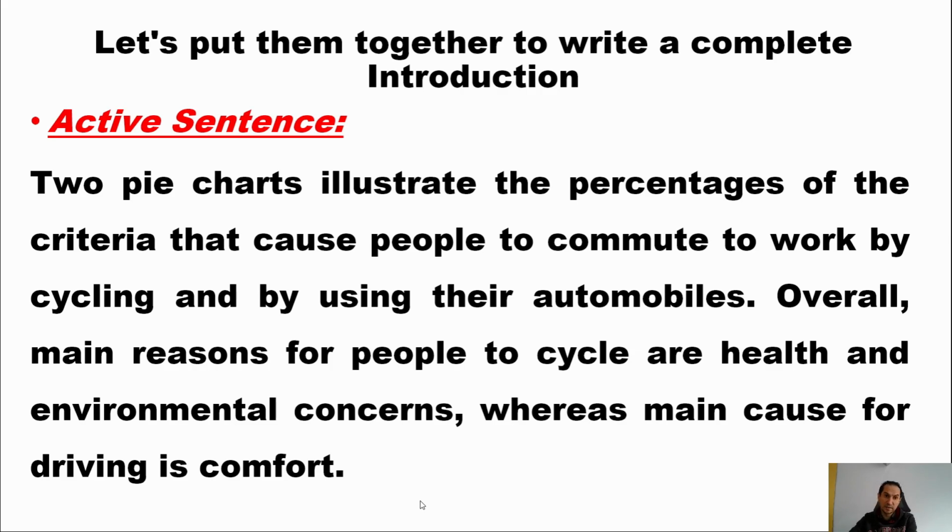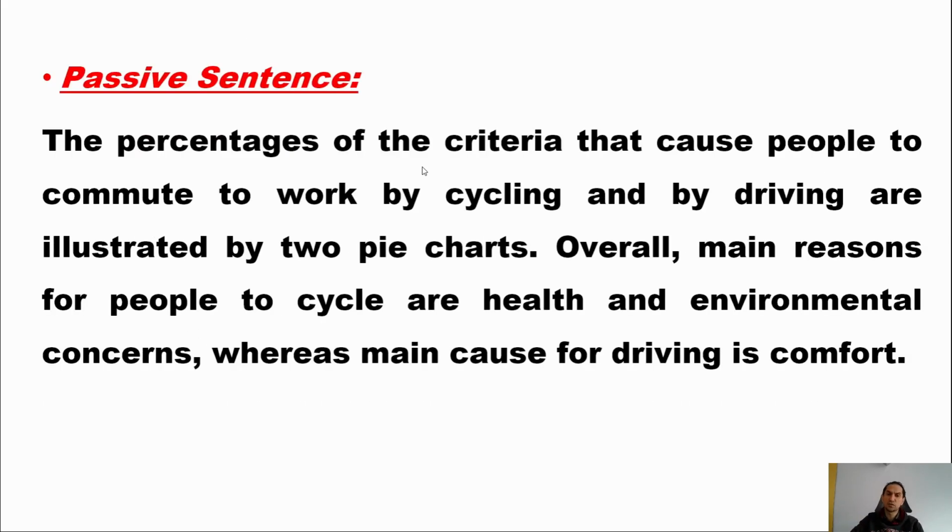And I can make it passive. So the percentages of the criteria that cause people to commute to work by cycling and by driving are illustrated by the 2 pie charts. Overall, main reasons for people to cycle are health and environmental concerns, whereas main cause for driving is comfort. That's it. Finished. Now you can move on to body paragraphs.